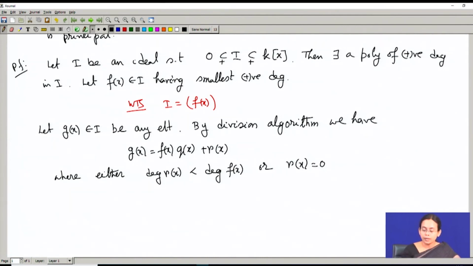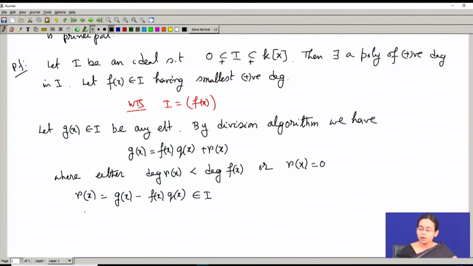Now, from here you can see that this r(x) can be written as g(x) minus f(x) times q(x), where I know that g(x) and f(x) both are in the ideal I, therefore their difference will be in the ideal I. So this implies that the remainder term r(x) is also in the ideal I.